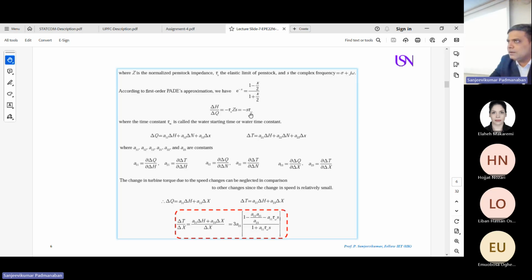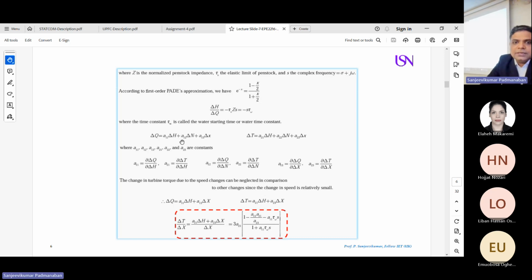It's again a time constant, but we give it a different terminology. So here the time constant tau w is called the water starting time, or water time constant. So you can easily calculate if you know what tau w is, and s is given again by sigma plus j omega. So you can easily calculate the ratio.